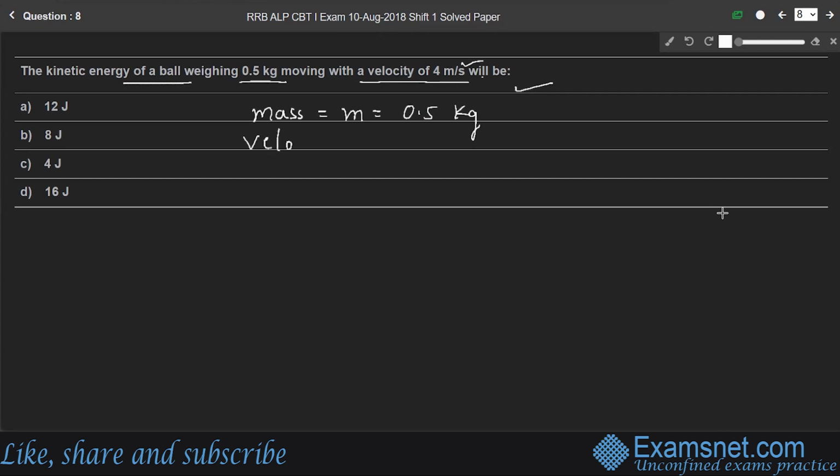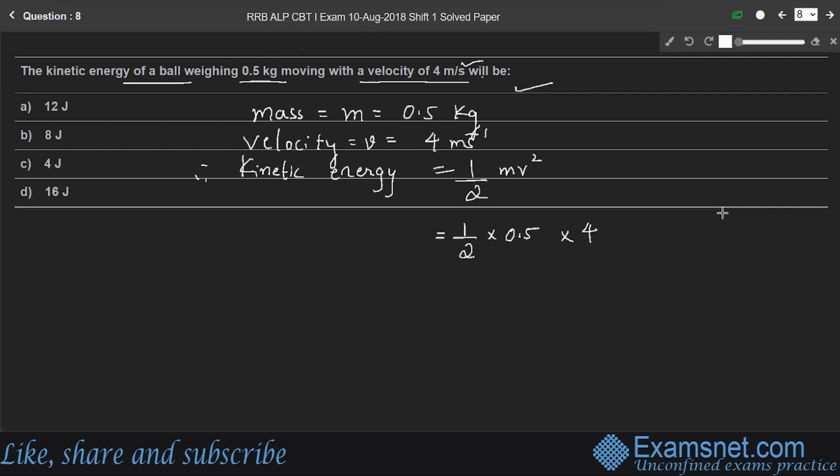So the velocity of the body V is equal to 4 meter per second. Therefore, kinetic energy. The formula is half m v square. Directly substitute the values here. So half into mass 0.5 kg into v square is 4 square.